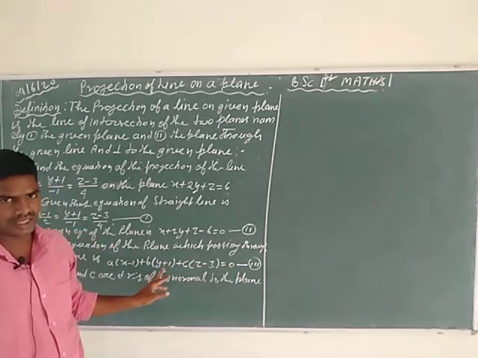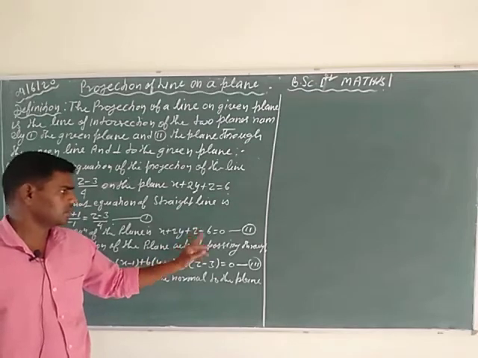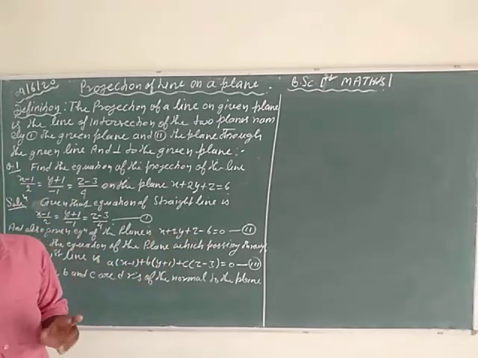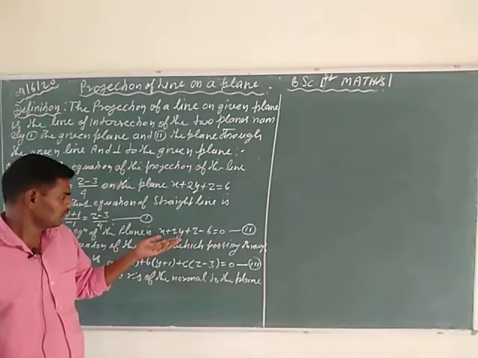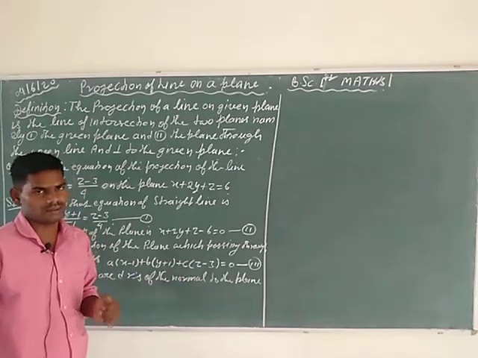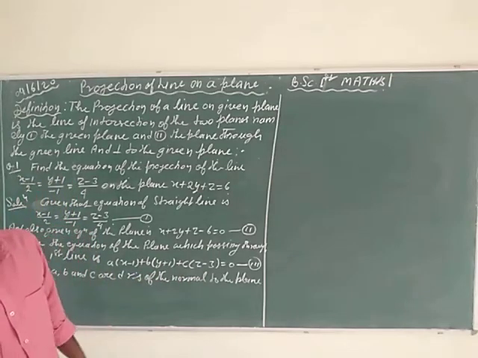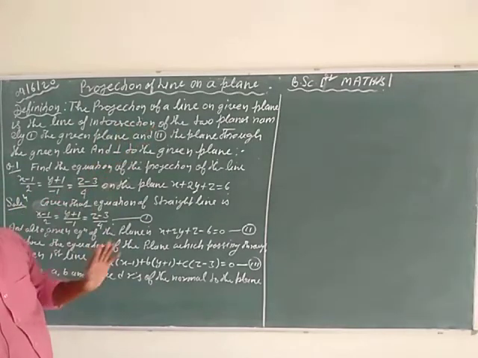So write the combined equation, second and third together, that is called the intersecting line, which is the projection of the given line. Okay.